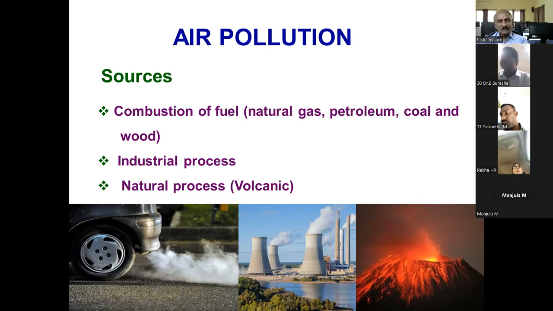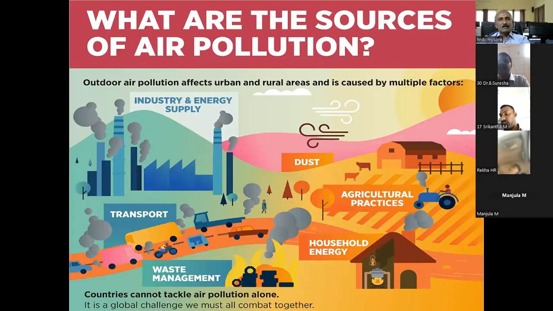These are the sources through which our air is getting polluted. Also, through waste generation, household activities like cooking, and agricultural practices that we all do, pollution may be caused.